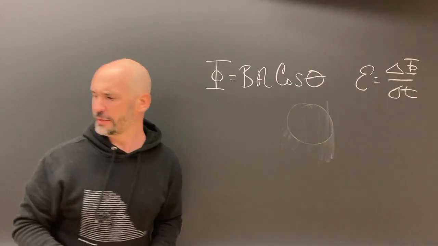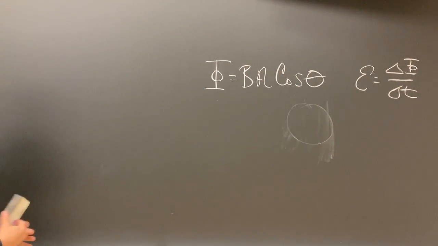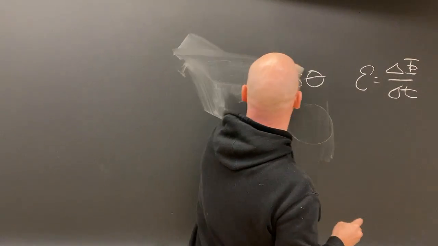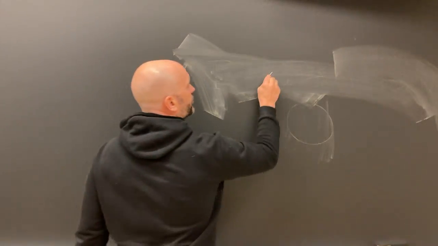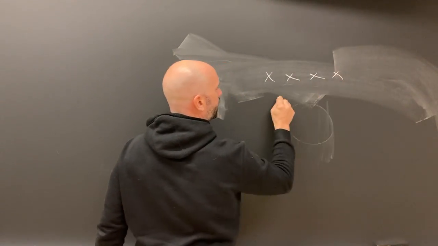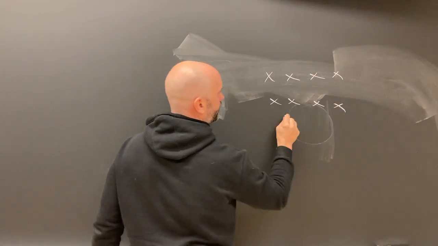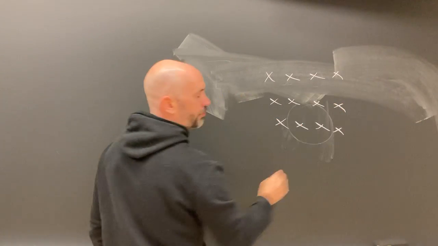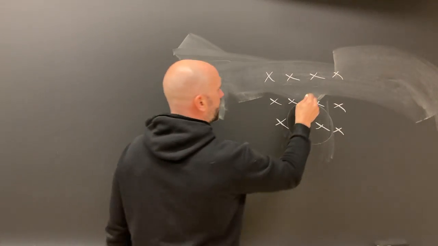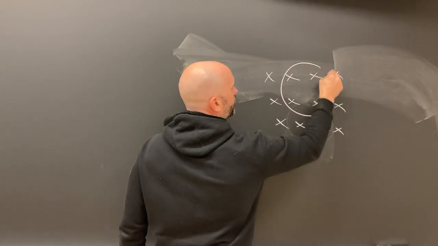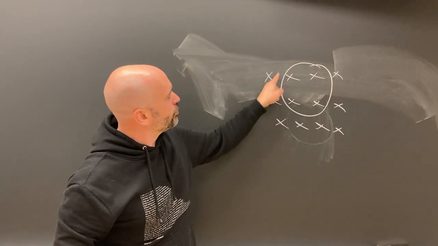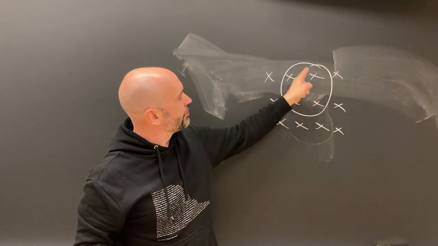Feels weird to be using shock again. Okay, so let's take a look at this first example. The first example for Lenz's law here is one where you have a magnetic field going into the board like this, and you have a little loop of wire inside that magnetic field.